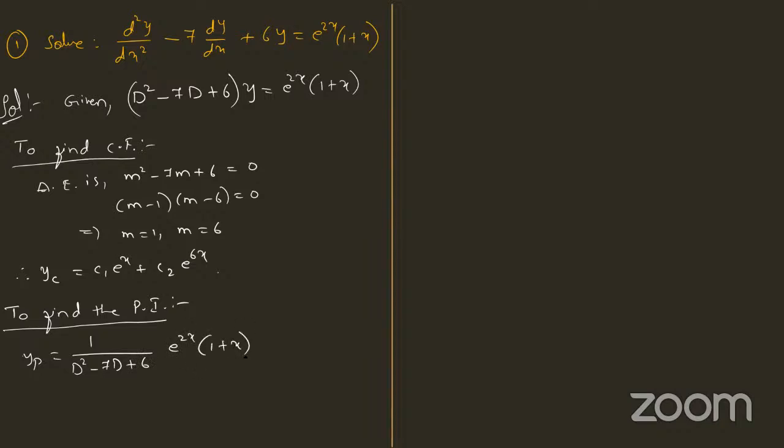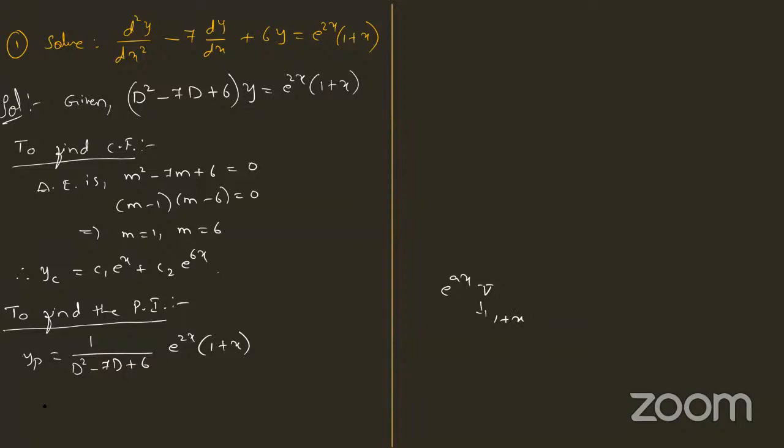Understand, this 1 plus x is an algebraic polynomial, and hence it is just like e power ax into v, where v is this 1 plus x. Because you know how to simplify this when it is 1. 1 can be written as e power 0x, you know. So keeping that in mind, I'm taking v as 1 plus x.